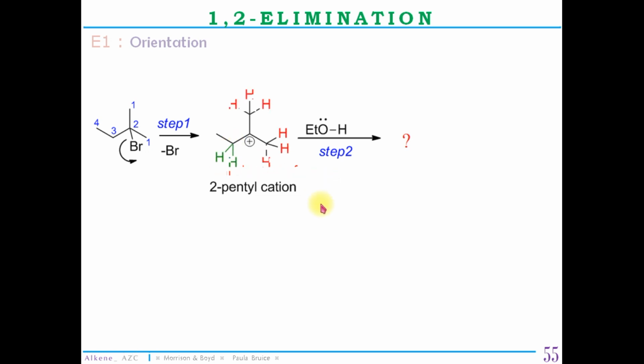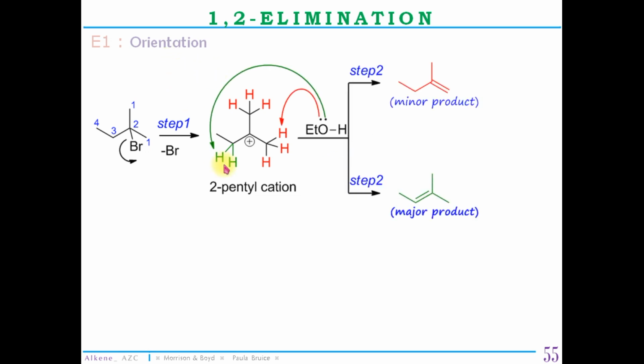So we have two types of beta hydrogen, and either this hydrogen or this hydrogen can be removed by the base. So we have two pathways, which give structural isomers. Pathway 1, abstraction of the secondary hydrogen, gives the tri-substituted alkene as the major product, and abstraction of these primary hydrogens in pathway 2 gives the di-substituted alkene as the minor product.